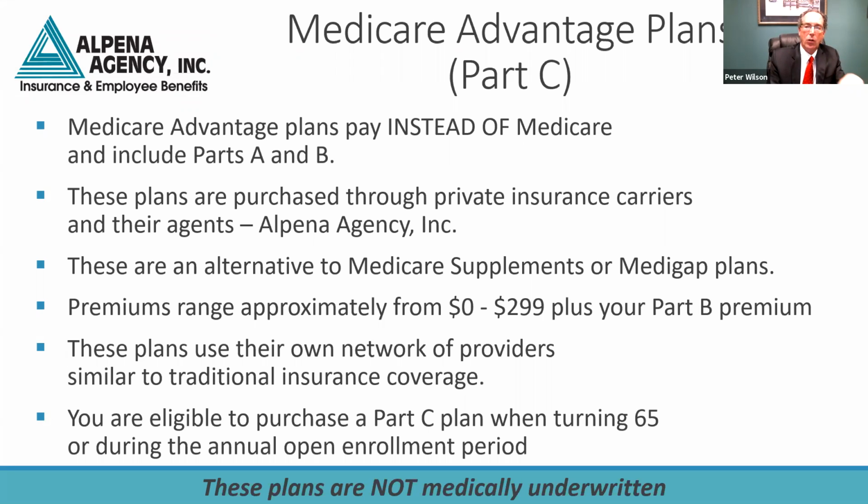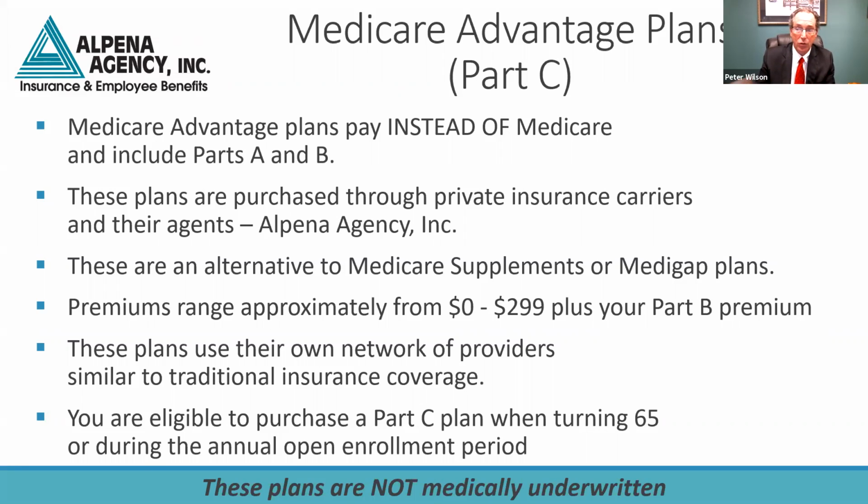So if you have friends that have Medicare A and B, but they haven't purchased a supplement and they haven't purchased a Medicare Advantage plan, they can buy a Medicare Advantage plan during this open enrollment period for $0 premium. It's going to fill in some gaps of coverage. We'll go over that in a minute. At $0 premium, people are really missing out on something when they aren't taking advantage of that particular plan.